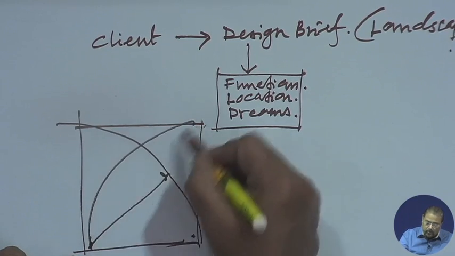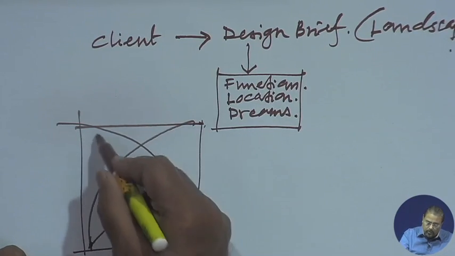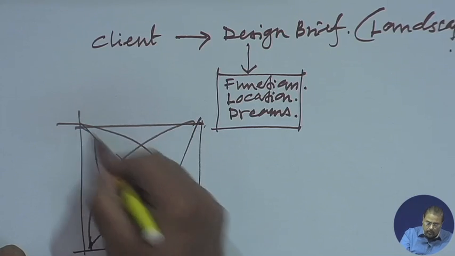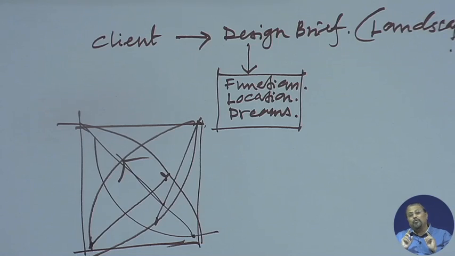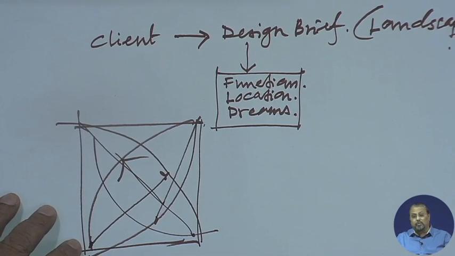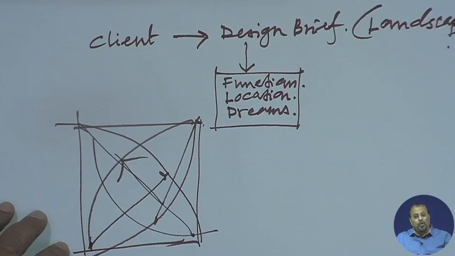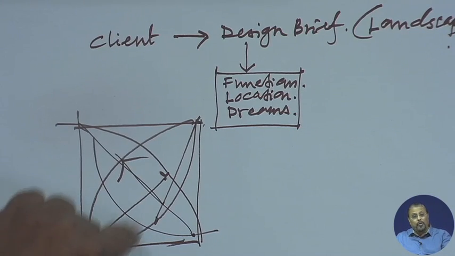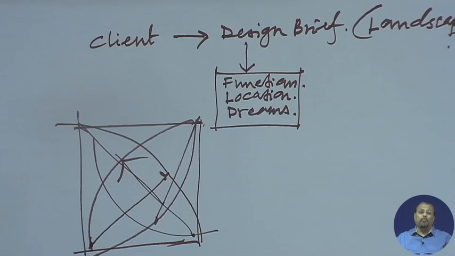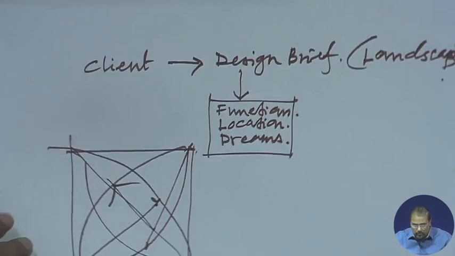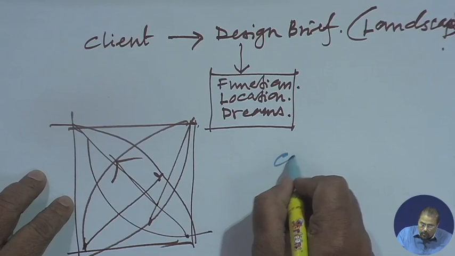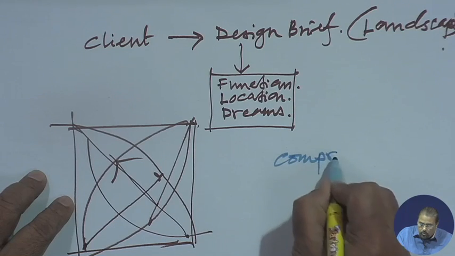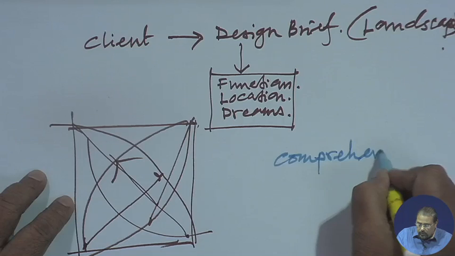From here, try to see this part. From here, try to see this part. From here, you try to see this part. So basically, you are trying to see the entire site from different corners, maybe. Not that every time the corner will be easily accessible. So my point is, it's not the corner or the edge, it is the vantage points from where you can get the best comprehension. Another term that comes in here is comprehension. So reconnaissance is for your own comprehension of that site.